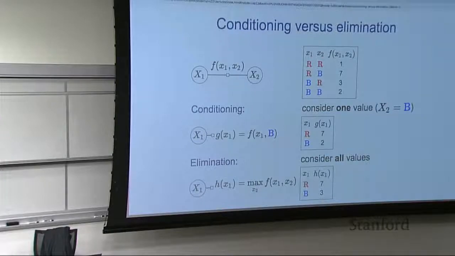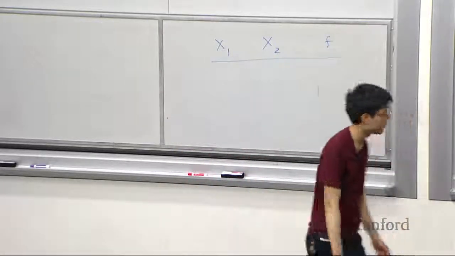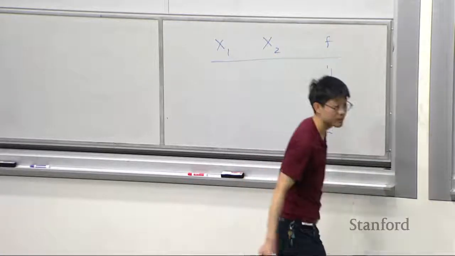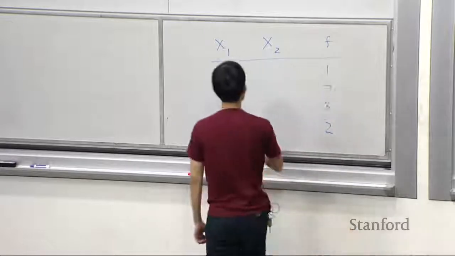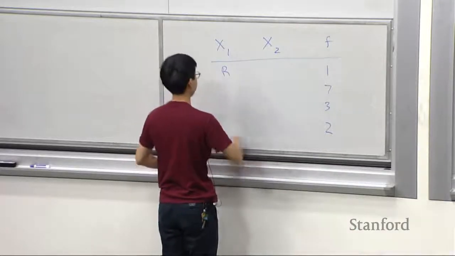And then the value of the factor. Okay, same values again: 1, 7, 3, 2. Maybe I should actually use colors.